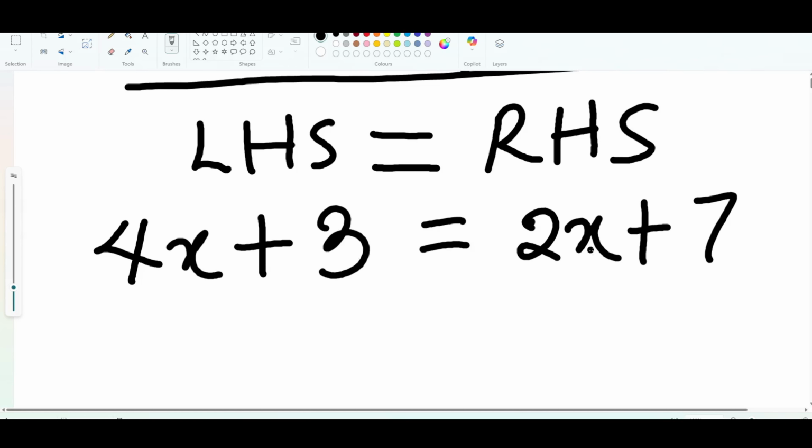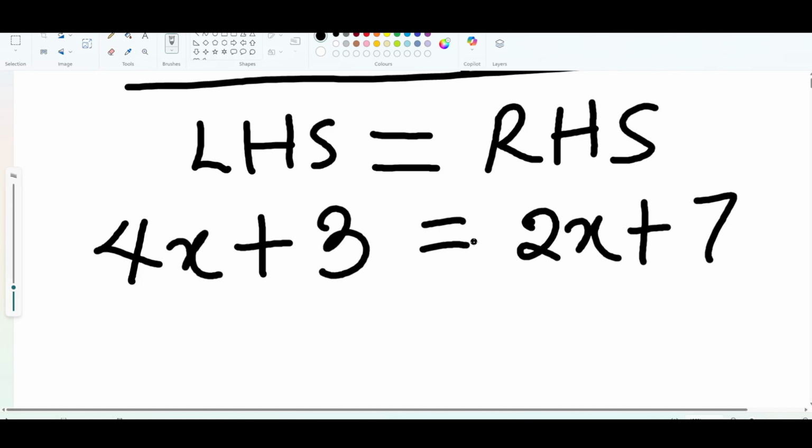For instance, this particular 2x that is here can be transferred to the other side of this equation so that it will come to have the same side with this 4x. So at that point we are collecting the like terms. At the same time, this 3 can also be taken to the other side of this equation so that only the constant term will be on the right hand side.